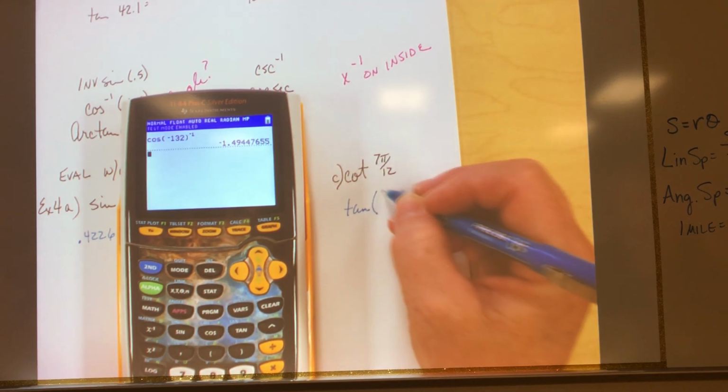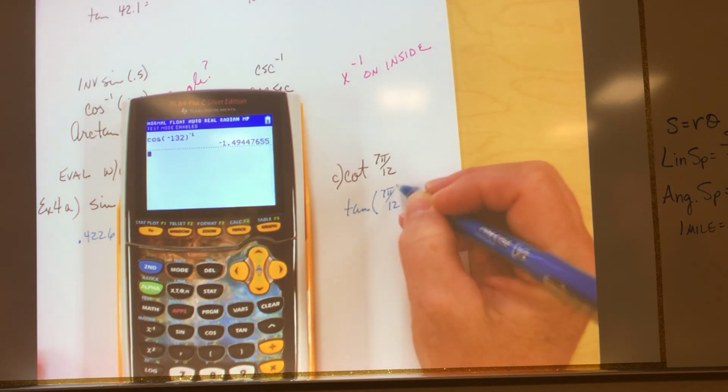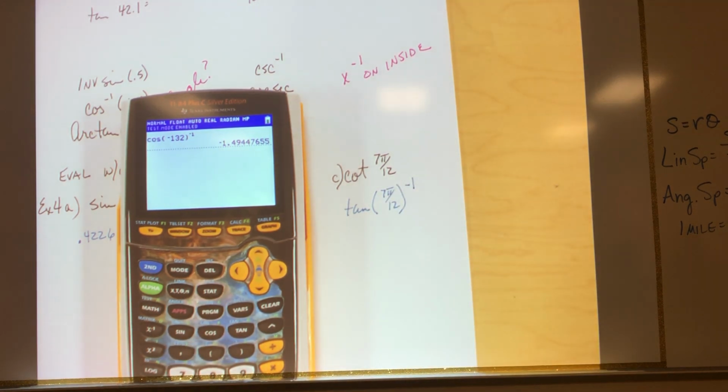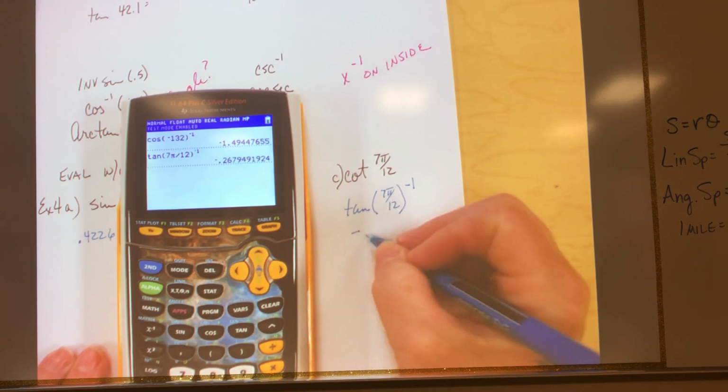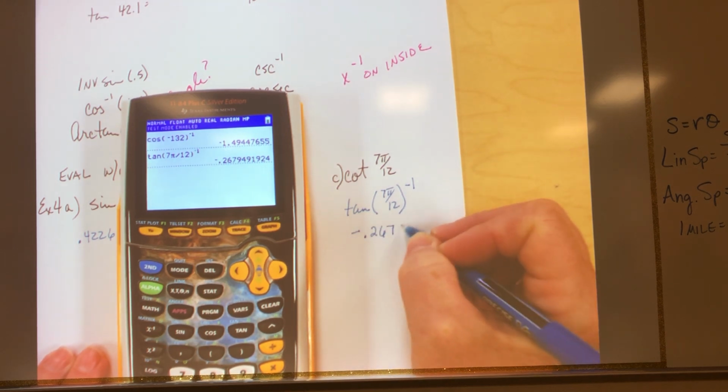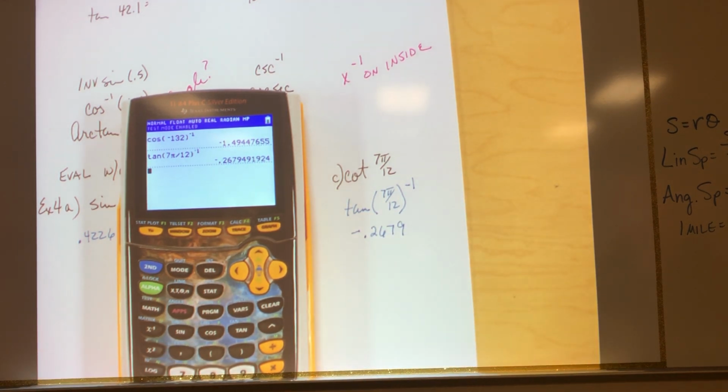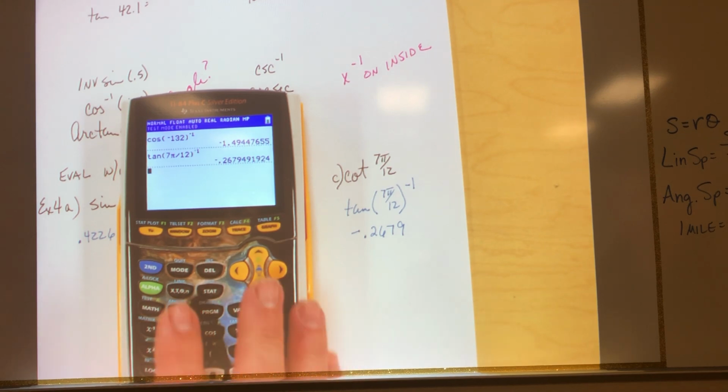So I'll say the tangent of 7 pi divided by 12, close it, x to the minus 1. Do I have to use the fraction button here? No. Okay. Here he is. Negative 0.2679.